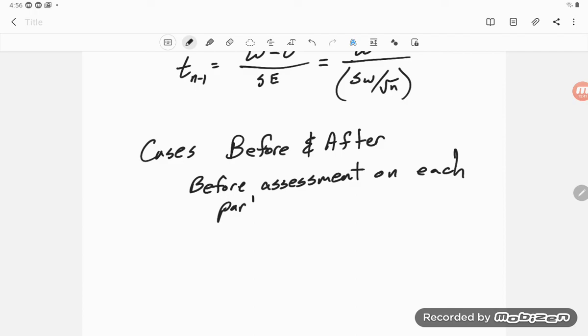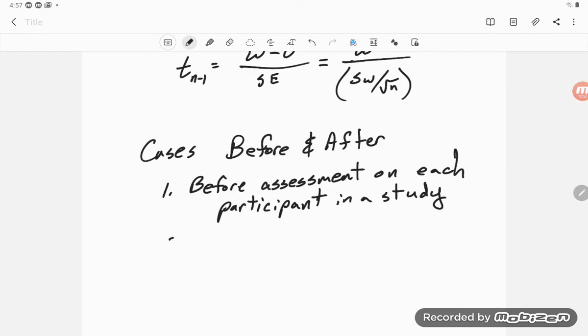Now it could be an inanimate object, but I'll say I do a before assessment on each participant in a study. But typically that's the way it works.